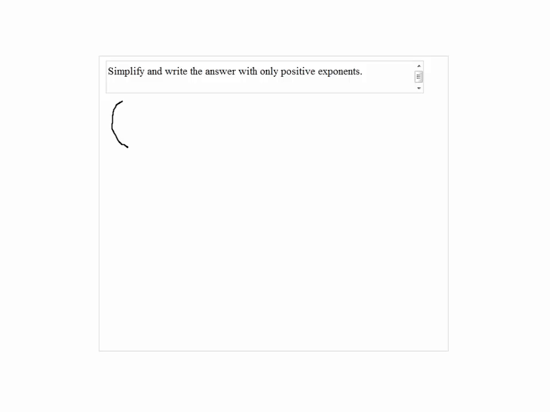Simplify and write the answer with the positive exponents. Top of the fraction we have 4 a to the power of minus 2, b to the power of minus 5, c to the power of 5.